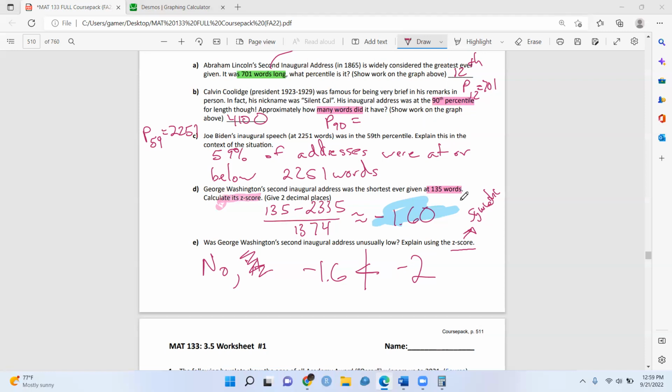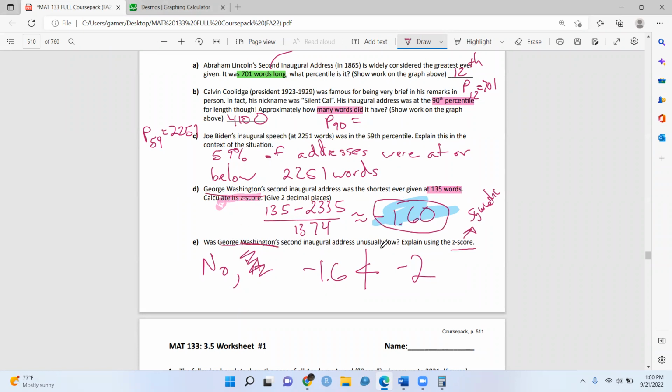Let's see, E. What do you mean, Brianna? I'm not sure I understand what you're asking. I think she's saying that we're viewing the Z-score from D. Oh, for E, yes, yes. We calculated the Z-score here, and then that's George Washington's Z-score.